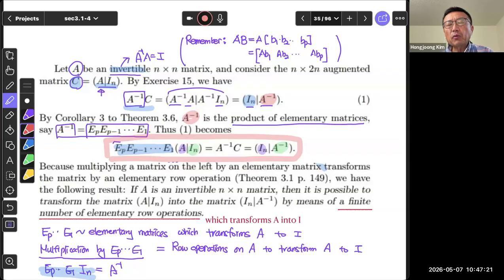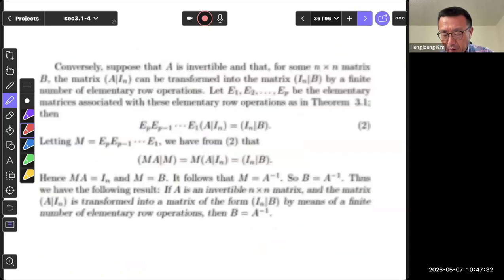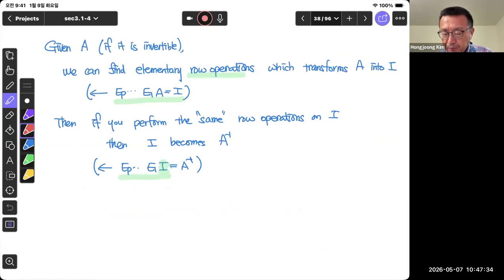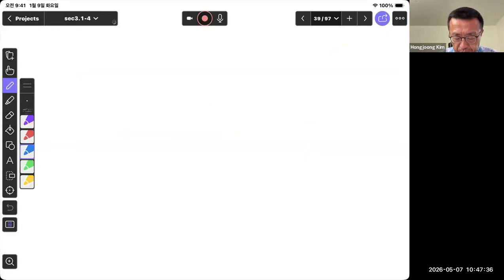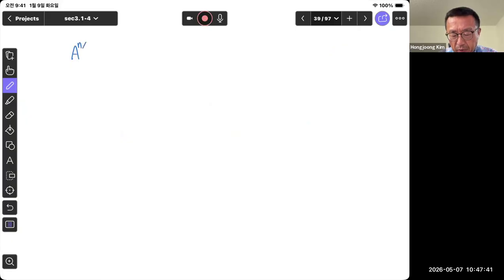What will be the rank of such a matrix? Please remember that A is invertible is equivalent to saying, let me write down here, given an n by n matrix, it is invertible.